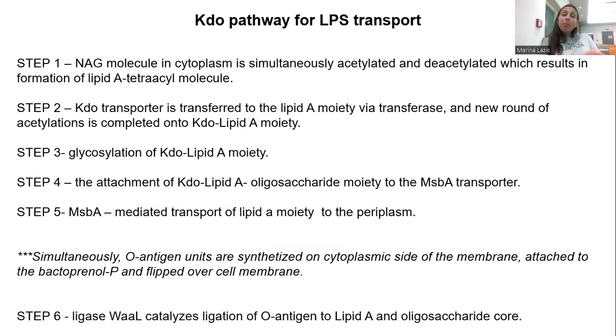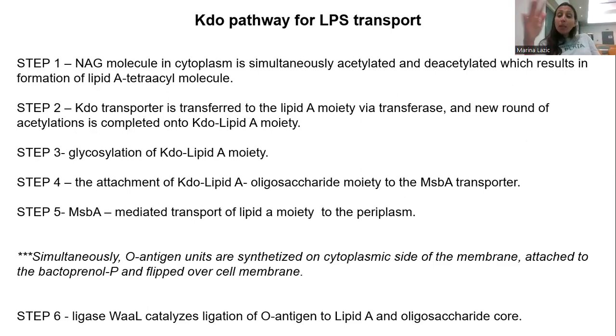The second one, probably more famous, is the KDO pathway for LPS transfer. There are a few steps that are very important, and I will emphasize them. As you probably remember, because we just talked about that, there is that NAG molecule in the cytoplasm, part of peptidoglycan, and NAG has other roles as well, not only in peptidoglycan synthesis.